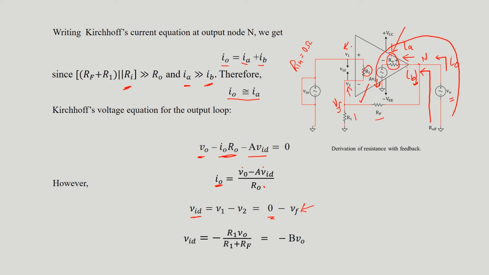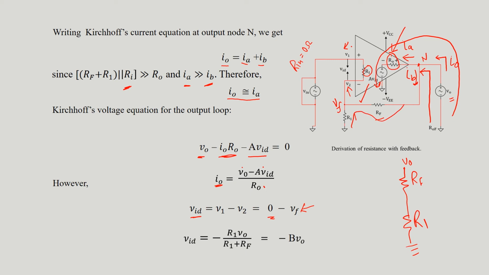Now if we want to calculate VF, here the voltage is V naught, so this becomes a voltage divider with RF and R1.